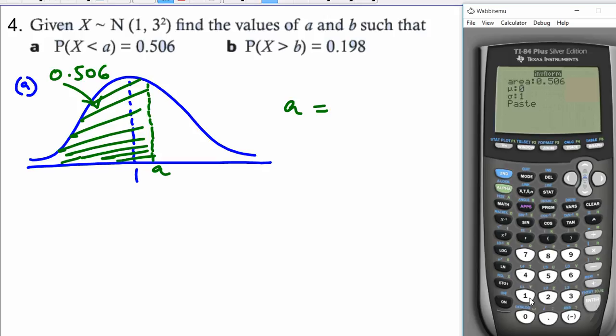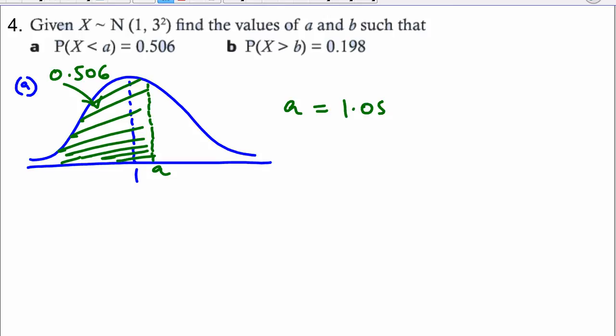Parameters, the mean is 1, standard deviation is 3, and my A value here will be 1.05. Three significant figures is okay, so 1.05.